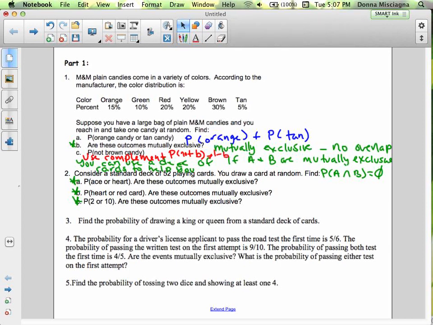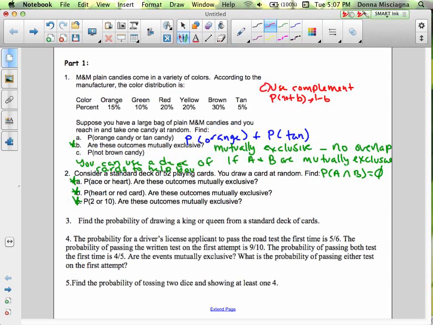So that you can actually read this, I'm going to move this up here, and I'm just going to label this C because I took up a little too much space. There we go. So there's a little hint on C. You could use a complement, and it's a little easier.